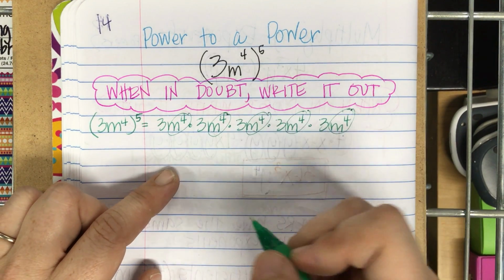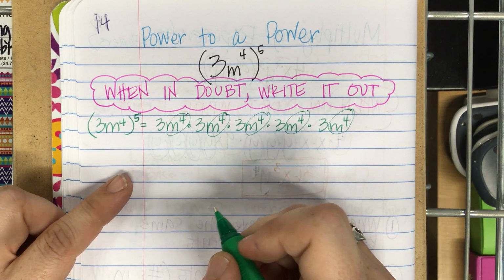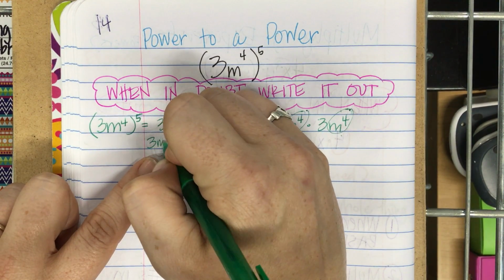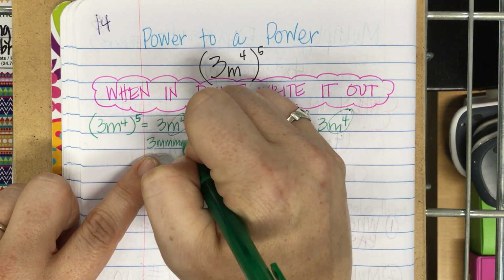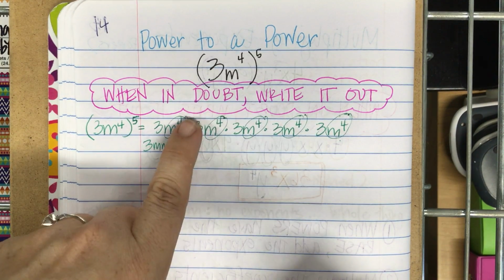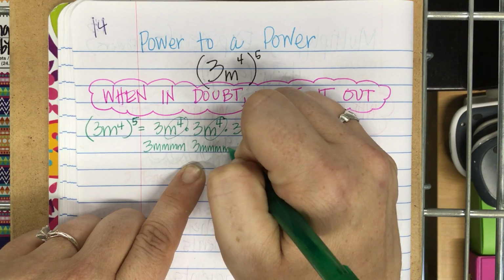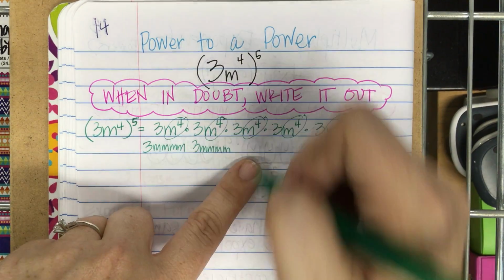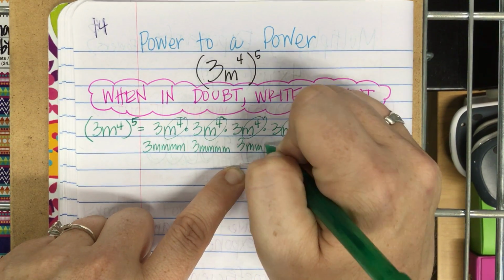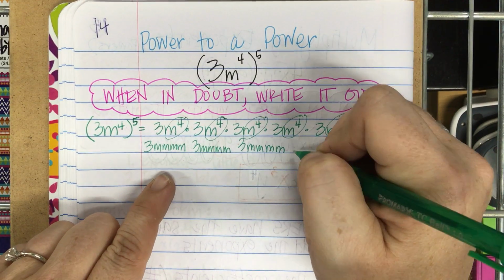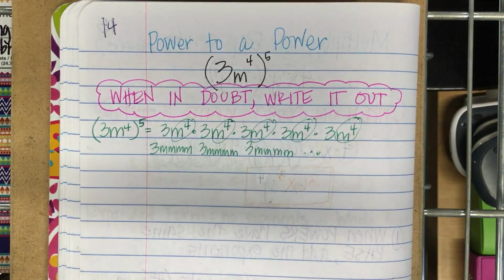Or if you were like, oh, this is long, yesterday I really didn't get it, you could know that 3m to the 4th is really 3m, right? And you could really write it out. I mean, you could really expand it, correct?